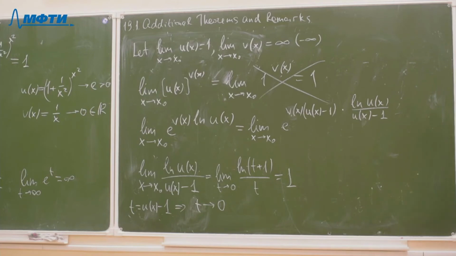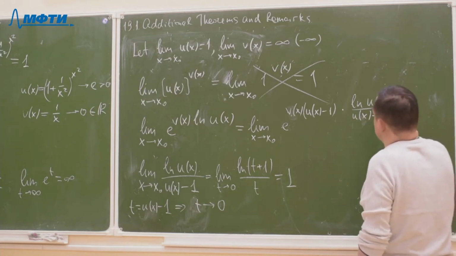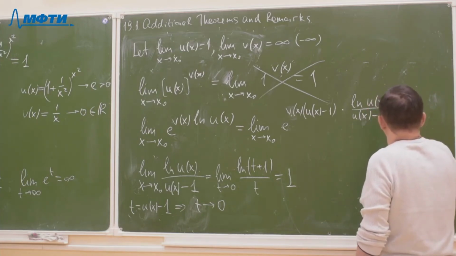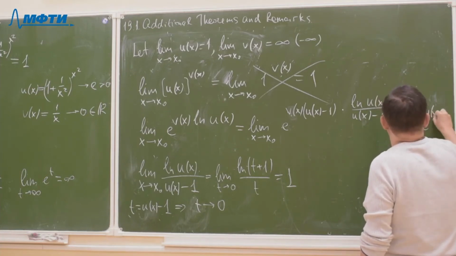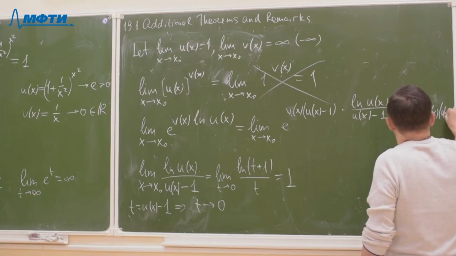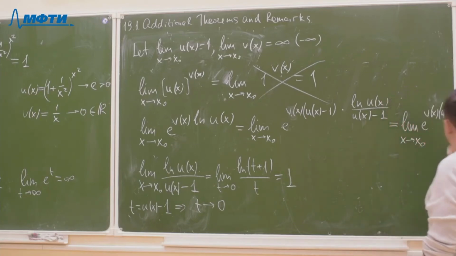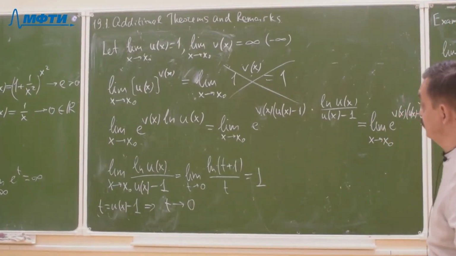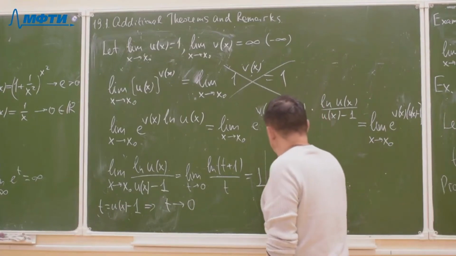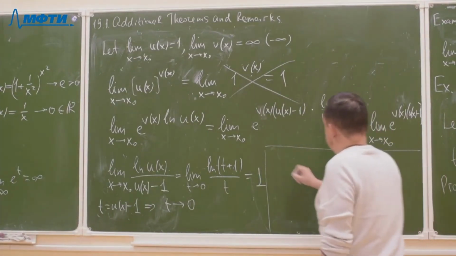It means that that is equal to the limit as x tends to x naught of e to the power v of x times u of x minus 1, once this limit exists. And that is a corollary. Let me write it down. So, corollary.